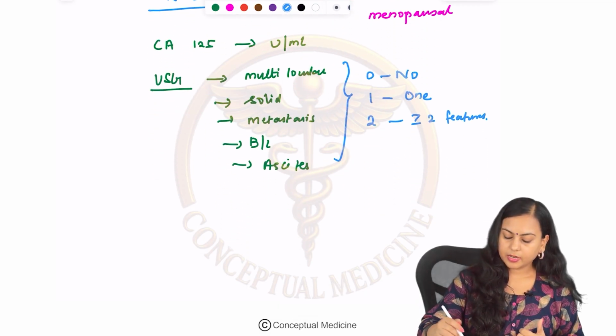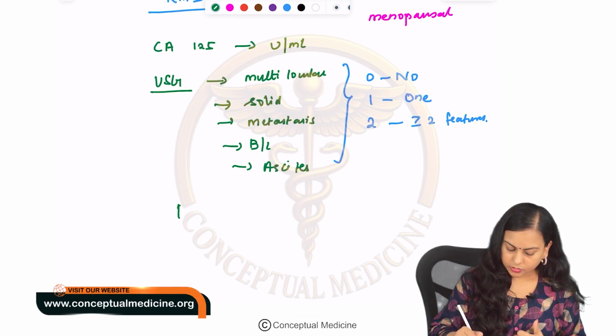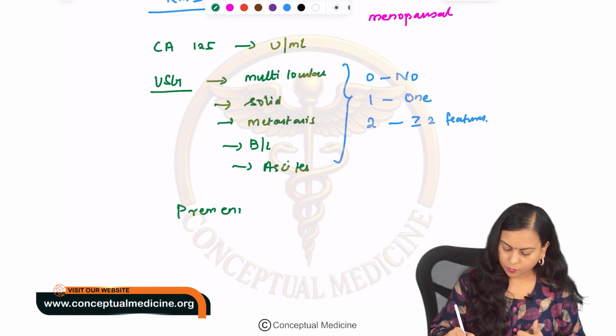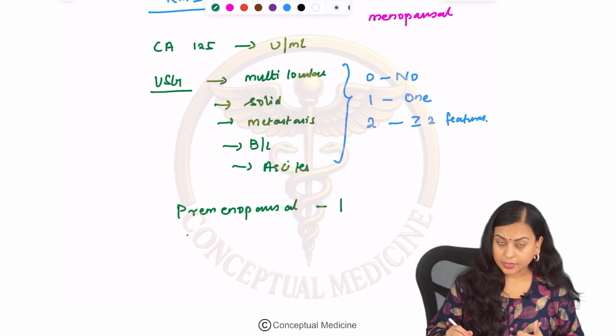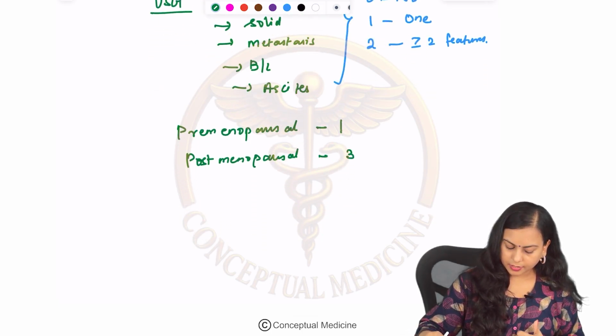Clear? And regarding her menopausal status, when she is premenopausal, you will offer her score 1, and when she is postmenopausal, you will offer her a score of 3. Clear?